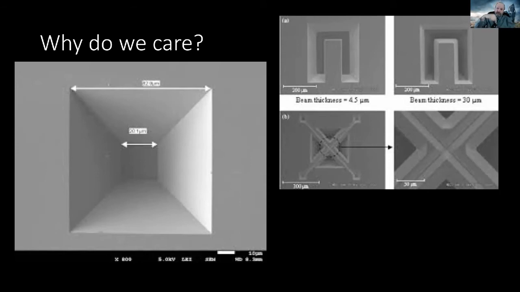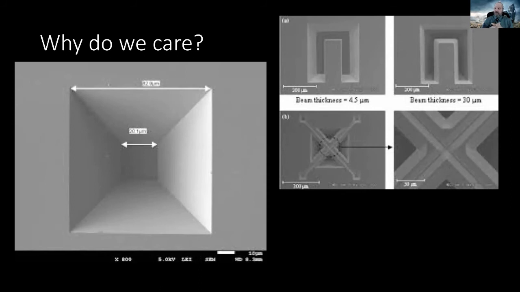So then you'd have an upside down pyramid. If you design it right and know the thickness of your wafer, you can etch down so you get a hole, but that hole is defined by how big the opening is on the opposite side when you're etching.